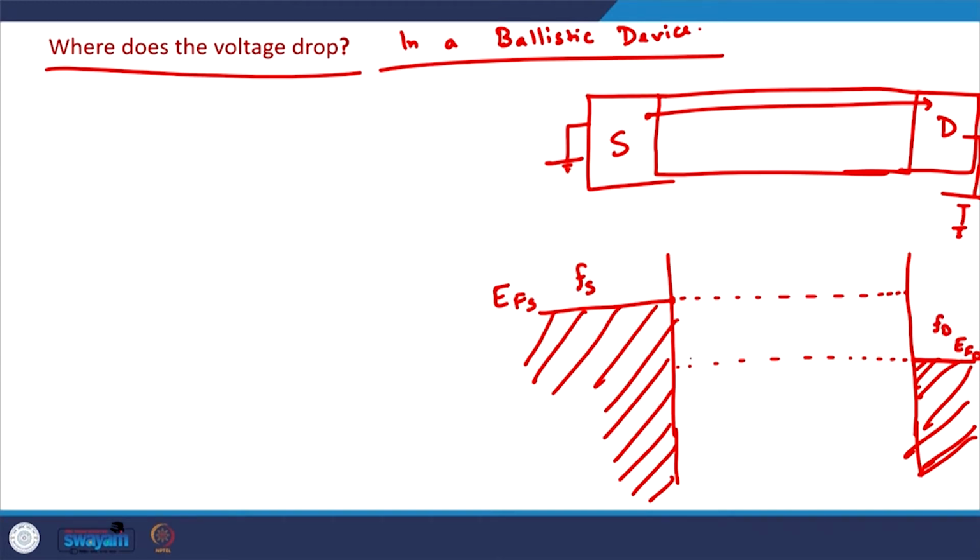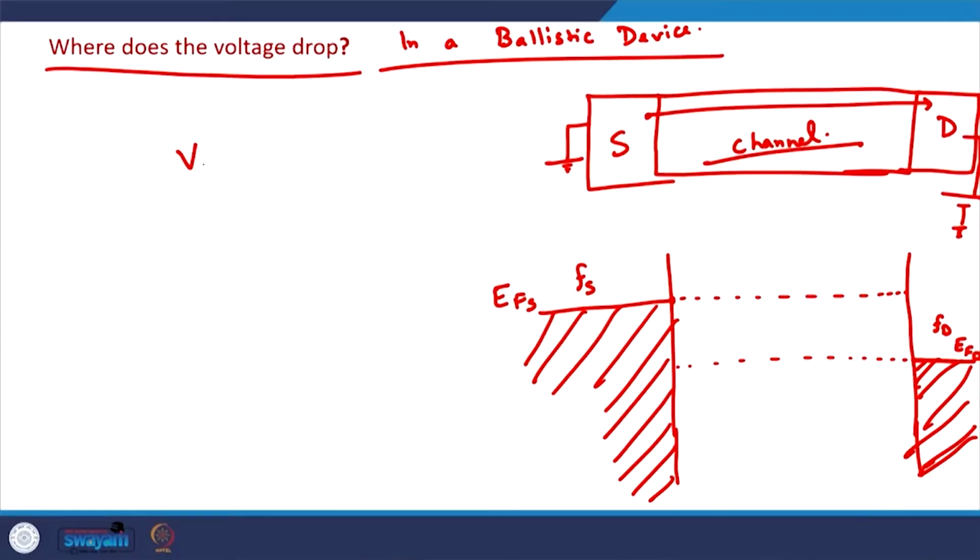As such, the channel is small, generally a microscopic or mesoscopic channel. So, we cannot per se define a Fermi level inside the channel. Typically, the voltage that we measure across any device, especially in these semiconductor devices, the voltage that is measured by the voltmeter, is exactly equal to the difference in the Fermi levels divided by the electronic charge.